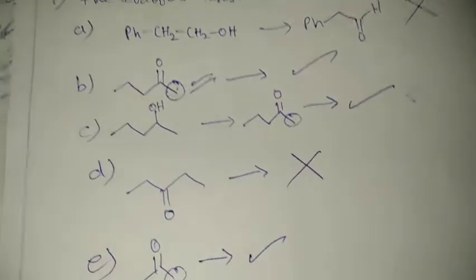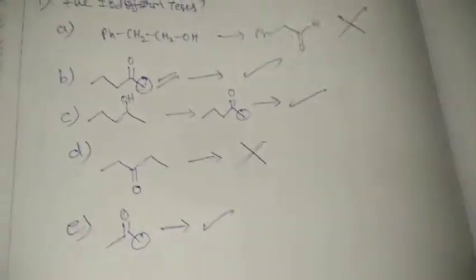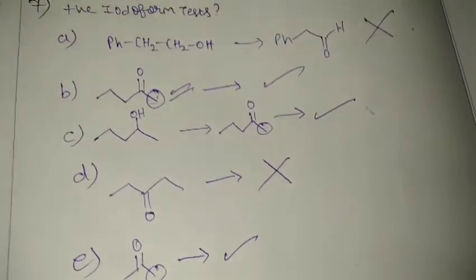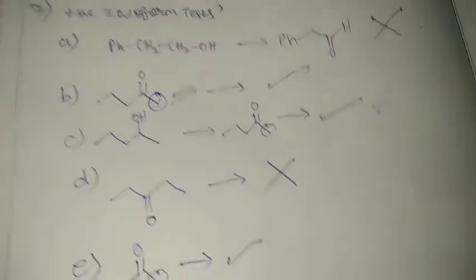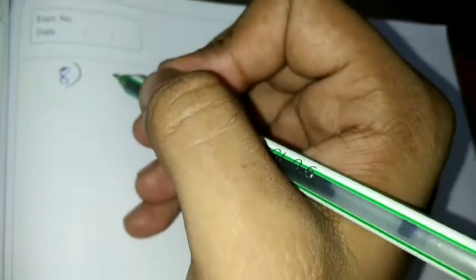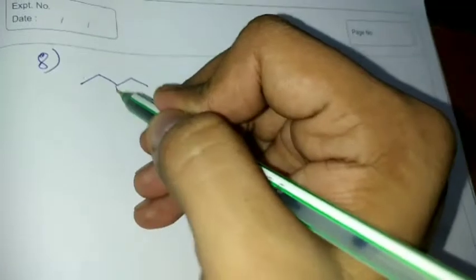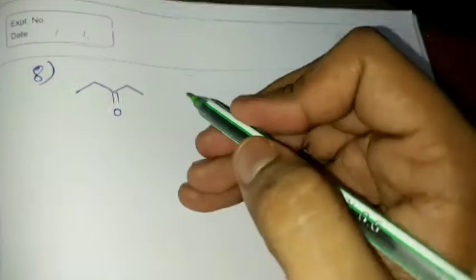So you practice on your own, and you can ask doubts in the comment section if you want. So this is the 7th question we've taken. We'll take some more questions, no problem. Then the next question is: propose a mechanism for the acid-catalyzed bromination of pentan-3-one. What is pentan-3-one? This is pentan-3-one. Acid catalyzed, sorry, not dehydration, it's bromination.